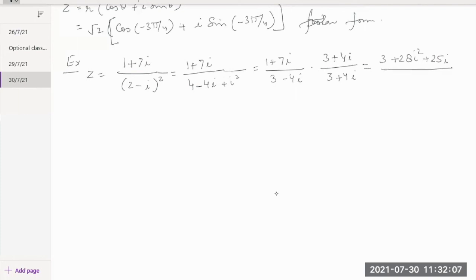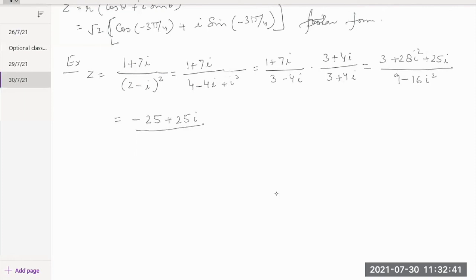Now, in the denominator, difference of 2 squares, so this is going to give me 9 minus 16i square. Clear? This is normal algebraic multiplication which we did last time. Then equals to, now the numerator reduces to, I have i square over here which will be minus 1. So minus 28 this becomes. 3 minus 28 will give me minus 25. And plus 25i is already there.